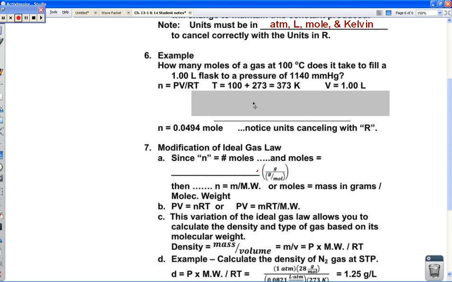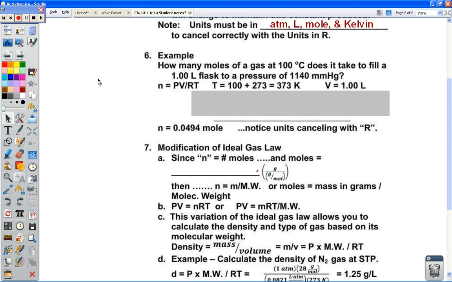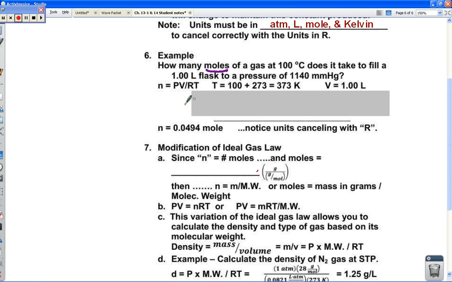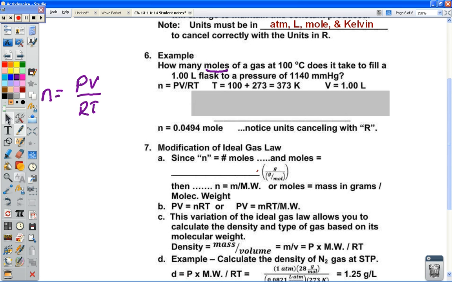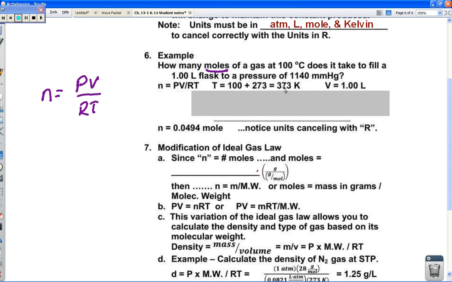If we're looking for moles, we need to solve PIVNERT for N. So N equals PV over RT, written right there. We need to convert our temperature to Kelvin. We know our volume is 1 liter, and we're looking for this pressure. So let's find our number of moles.